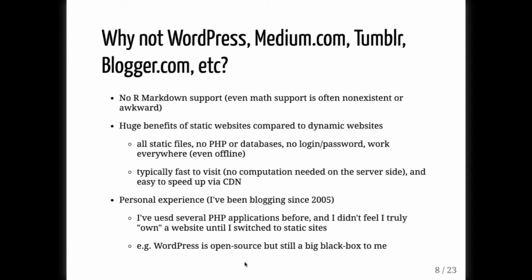So basically, there's no R Markdown support in these tools. And even if you have any experience with using these tools, I think you know that even the basic math support either does not exist or is very awkward. But in R Markdown, the support for math expressions is very natural. It's basically the LaTeX syntax.